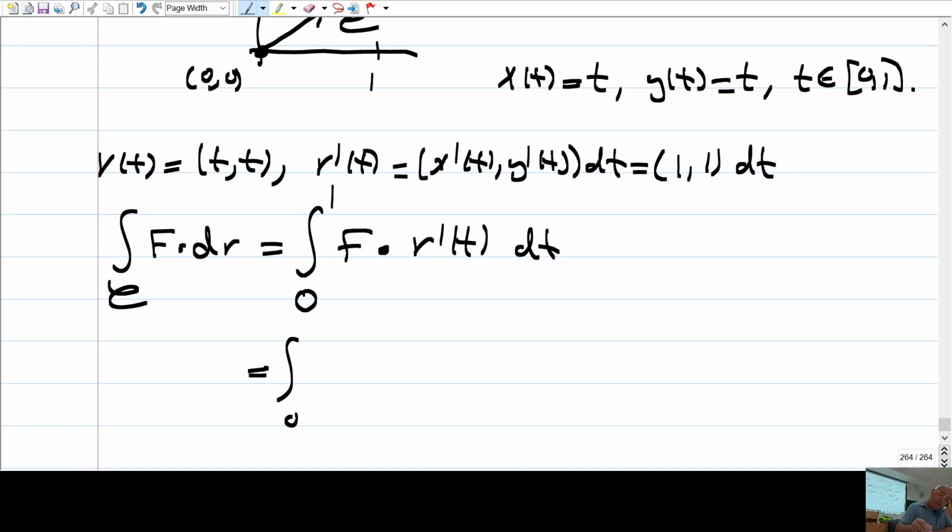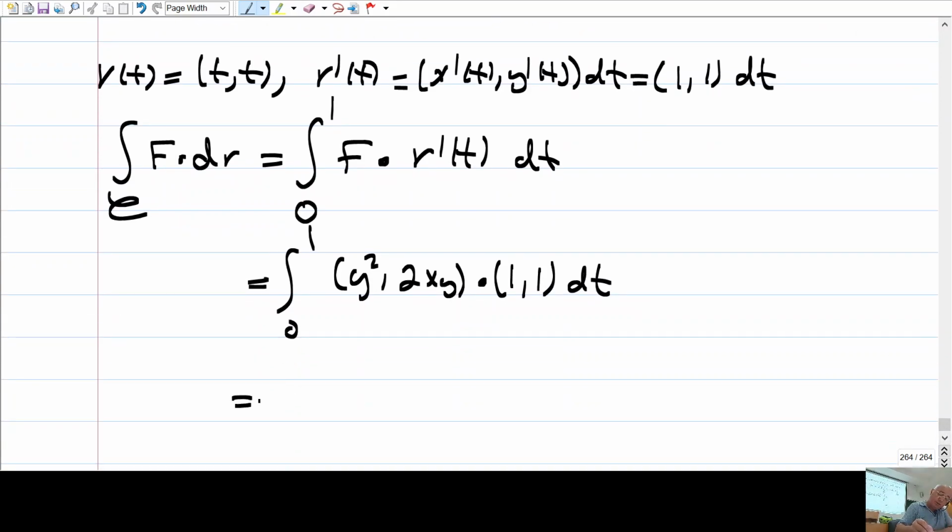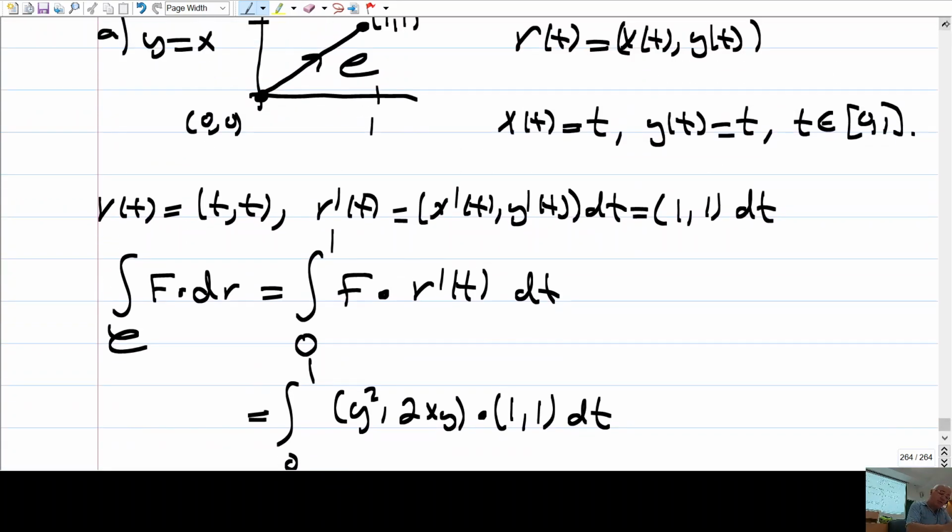So this is 0 to 1. F is just y squared, 2xy. Dot product r'(t). R' is just 1, 1, and then I have dt. So this is just the integral from 0 to 1 of y squared plus 2xy dt. Of course, what is x and y?